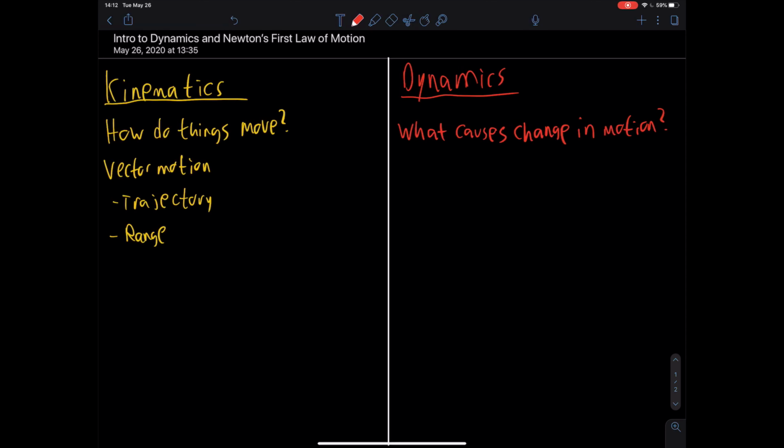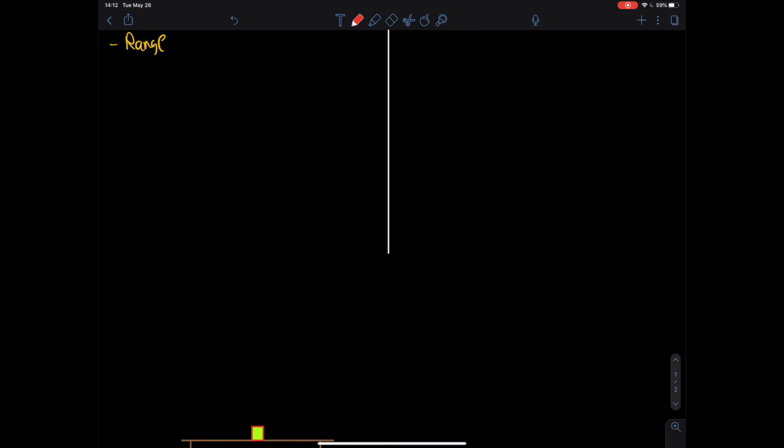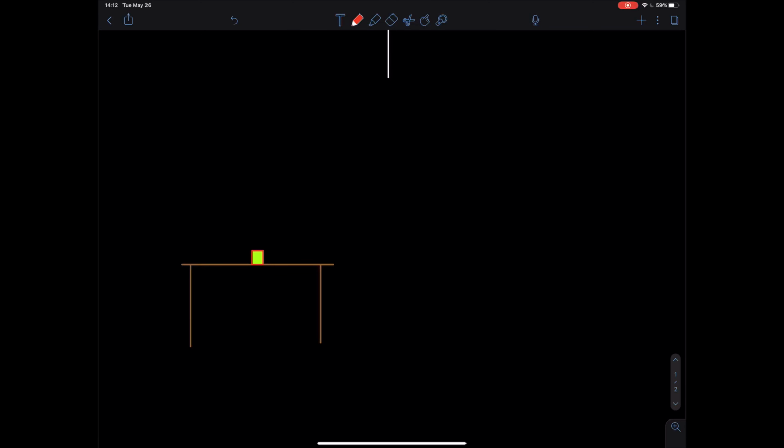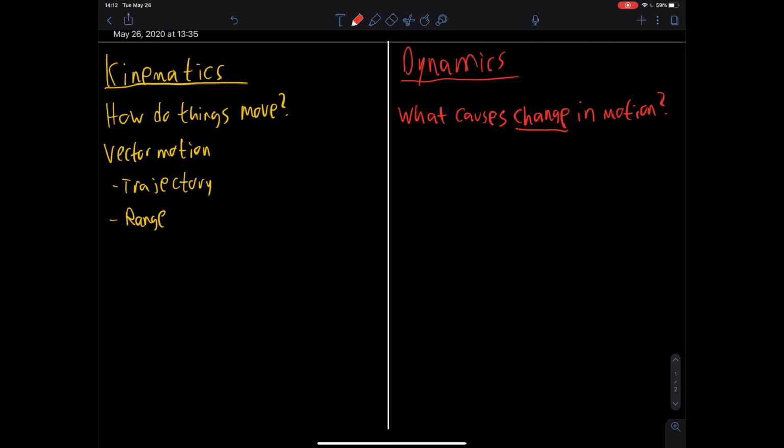It's the change in motion that's important. We really didn't care that the block was just sitting on the table, but we cared when there was a change in its motion. So that's the central question of dynamics. And the answer is summed up in one word, and it's forces. Forces cause change in motion.